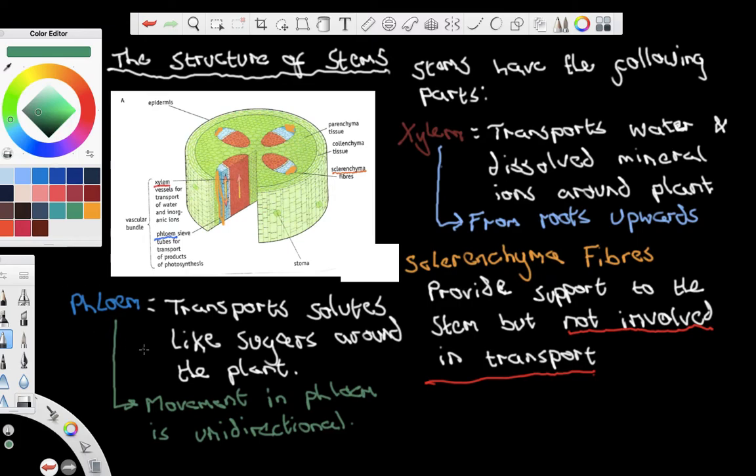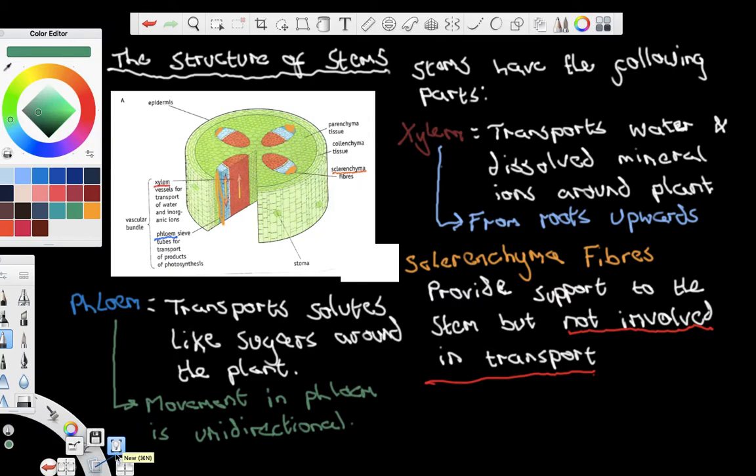And the phloem transports solutes like sugars around the plant, and the movement through those is said to be unidirectional. Okay, so we need to go through each one of these now, and we need to talk about how they're formed, what their job is, and any adaptations that they may have.